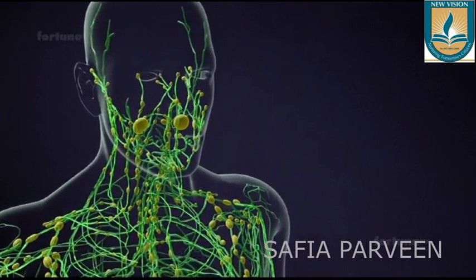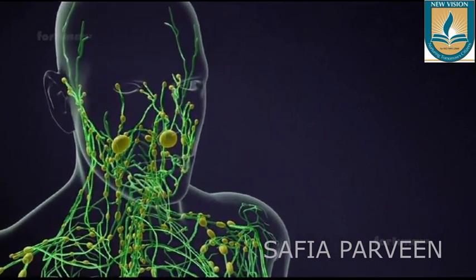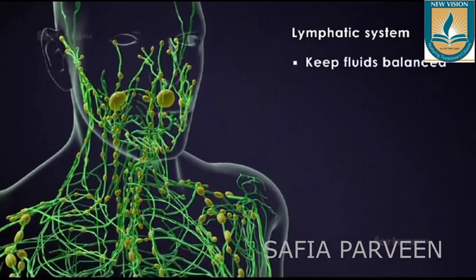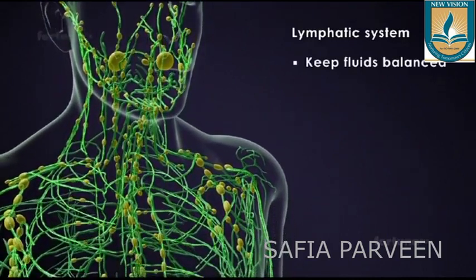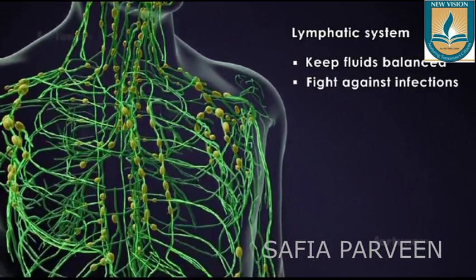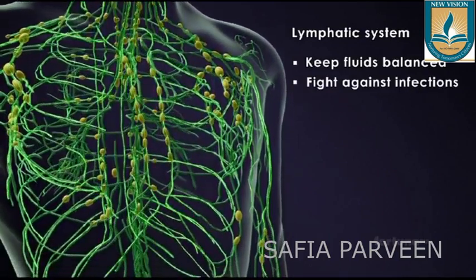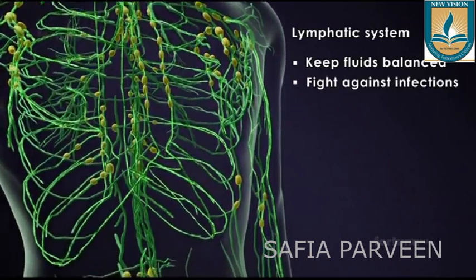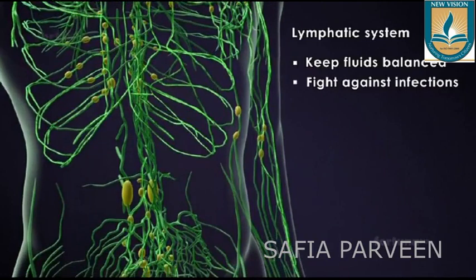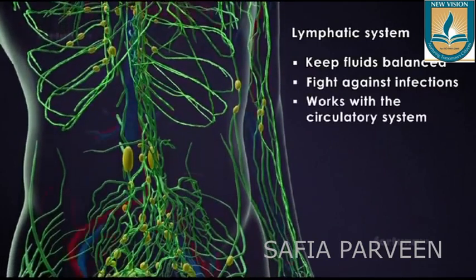And the main purpose of lymphatic system is to keep the body's fluids balanced. Second function is to fight against infectious diseases that occur in our body, and third function is to work in coordination with circulatory system.